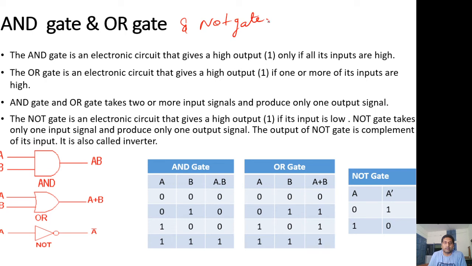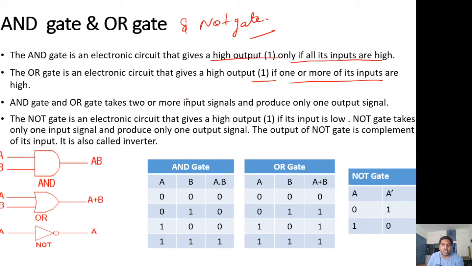The AND gate is an electronic circuit that gives a high output 1 only if all its inputs are high. That means the AND gate's output will be high only when all its inputs are high. If any one input is low, our output will be low. The OR gate is an electronic circuit that gives a high output 1 if one or more of its inputs are high. In an OR gate, if any one of the input signals is high, our output will be high.